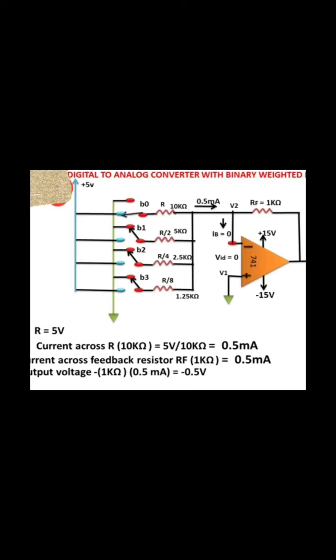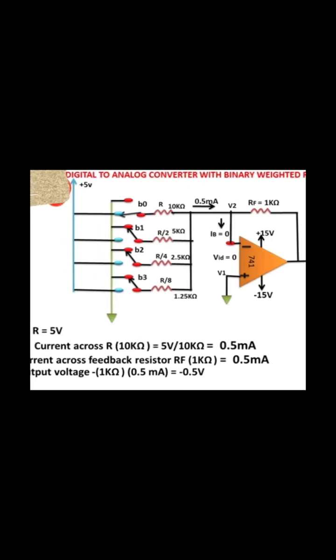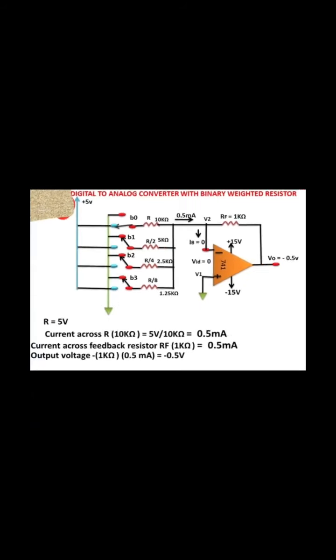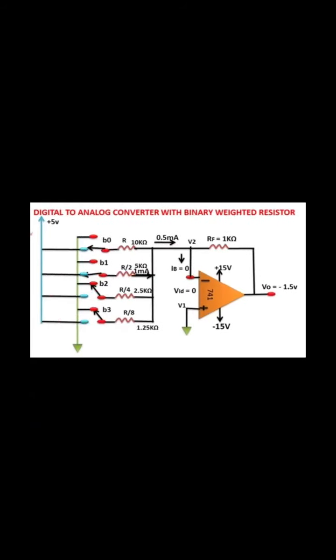volt. Hence, depending on whether the switches B0 to B3 are open or closed, the binary weighted currents will be set up in the input resistors. The sum of these currents is equal to the current through RF, which in turn is converted to the output voltage.